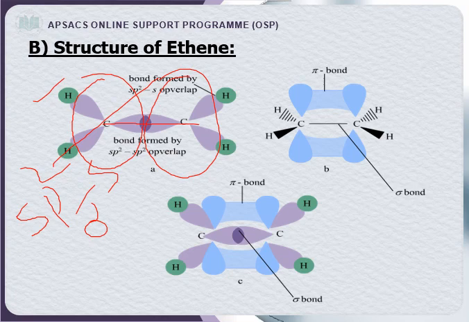Still each carbon has its p orbital with a half-filled electron in it, right? Now in total we have 5 sigma bonds formed in the ethene molecule. 5 sigma bonds. This is also a type of short question asked in MCQs, right? There are 5 sigma bonds in this ethene molecule.